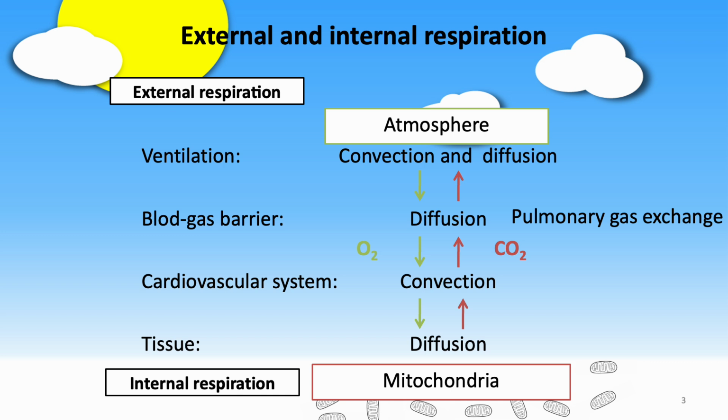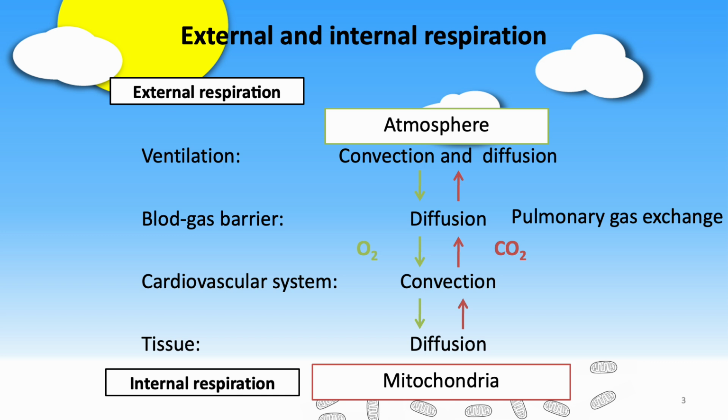So external respiration is actually the transport of gases from atmospheric air into the tissue level and back again. So that would be oxygen from the atmosphere to the tissues and carbon dioxide from the tissues and back to the atmosphere. Internal respiration would be the processes that subsequently take place within the mitochondria.